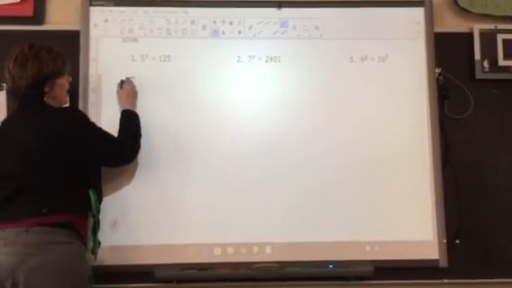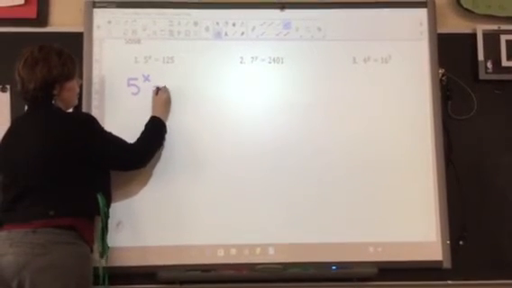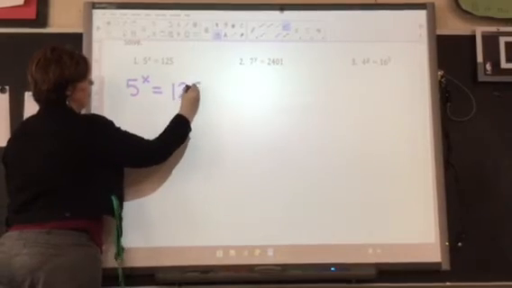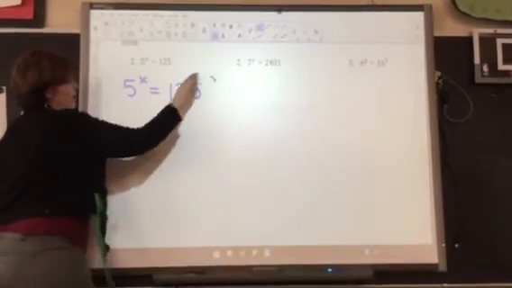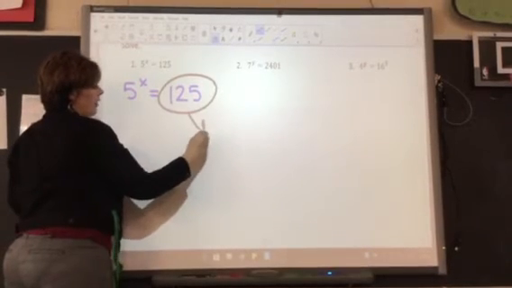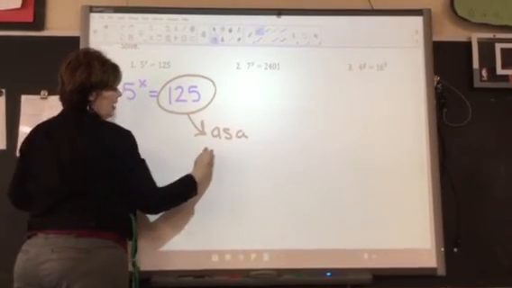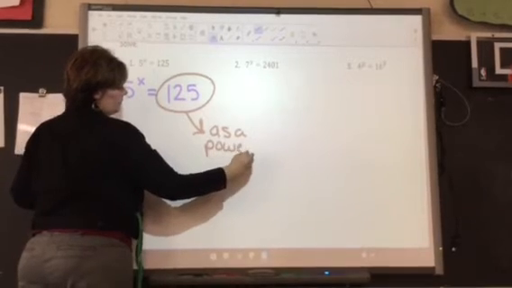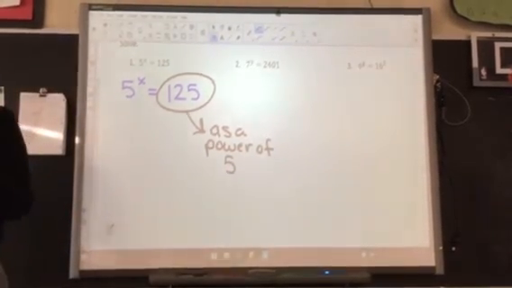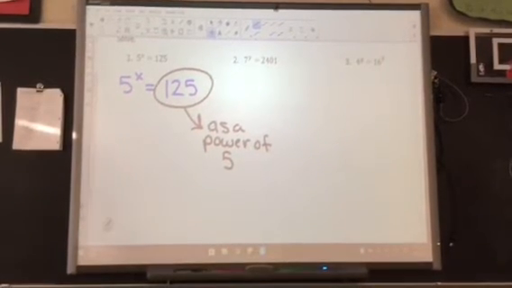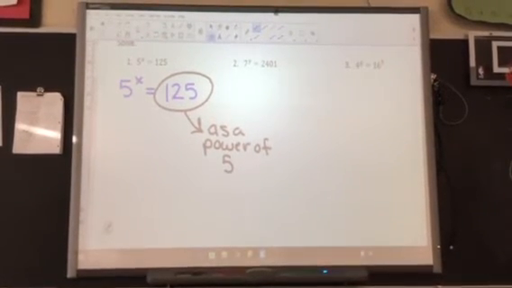I'm just going to jump right down to here. So I have 5 to the x equals 125. I have to figure out the value of x. So the first thing I have to do is write 125 as a power of 5. Let's see. Well, 5 squared is 25, so it's not 5 squared.